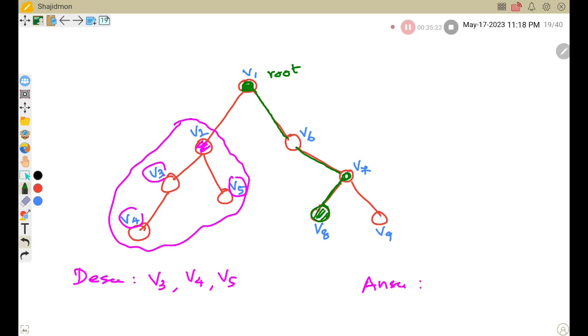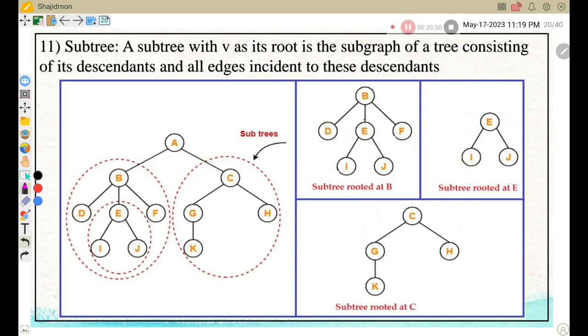You can see V7 is included. So V7 is an ancestor of V8, V6 is an ancestor of V8, and V1 is an ancestor of V8. So the ancestors of V8 are V7, V6 and V1. Hope you understood. The ancestors of V8 and descendants of V2 are shown in this diagram. It is easy to understand. Clear?